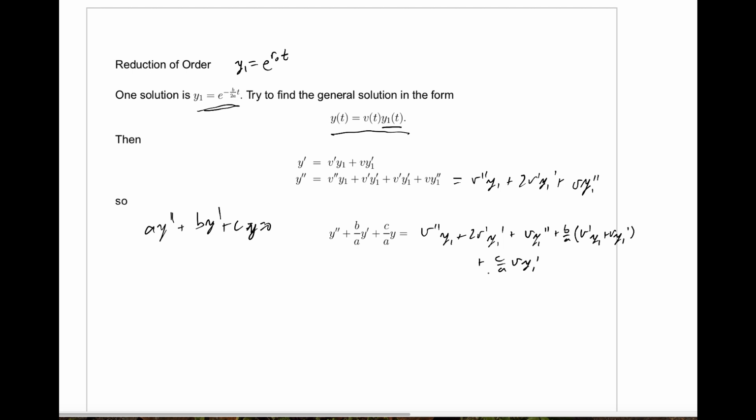Now, what are we going to do? We know that y1 is a solution to the original equation. In other words, when we plug y1 in on the left, this equation holds.